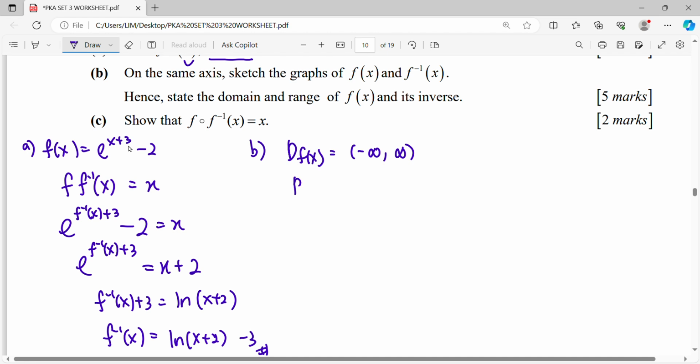For the range, the exponential goes to positive infinity, and the value we can see down here will be negative 2. So starting with negative 2 not included, that will be your asymptote, y equals negative 2. The range is negative 2 to infinity.